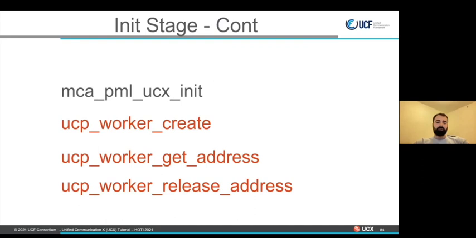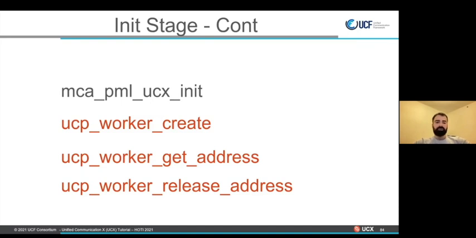Continuing the initialization stage, after we create the context, we create a worker, also the single worker that we have. At this point, we check what thread mode was initialized with OpenMPI. Depending on what the user passed to MPI_Init or MPI_Init_thread, if the user requested multi-thread support, the UCP worker would also be created in multi-threaded mode.